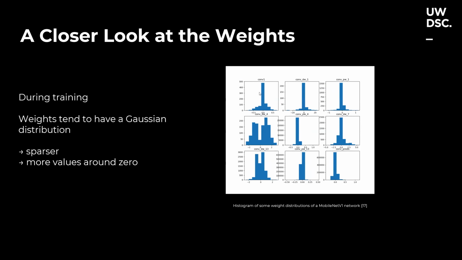For some layers, such as the first convolution layer, it is mostly zeros, and this applies to most networks, not only this one, MobileNet V1. So that means if we truncate most zeros, we can greatly reduce the size of the network.